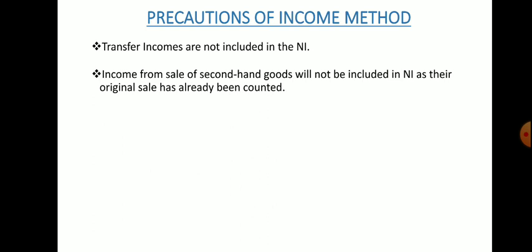The price of that item has already been counted in that year's national income. So if we consider the price when the person sells it a second time after using it, that price should not be included. If you include it, there will be a problem of double counting.